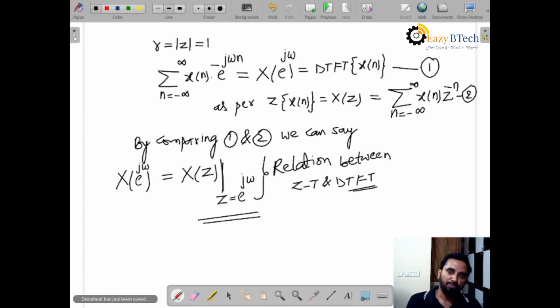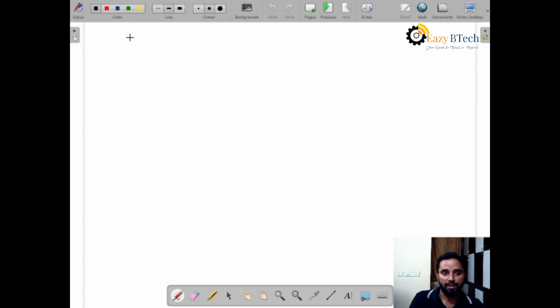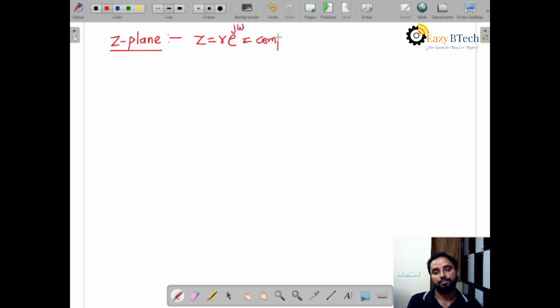Next, I am going to take the Z plane. What is the meaning of Z plane? As we know, Z is a complex variable, we can write it as r into e power j omega, which contains a real part and an imaginary part.